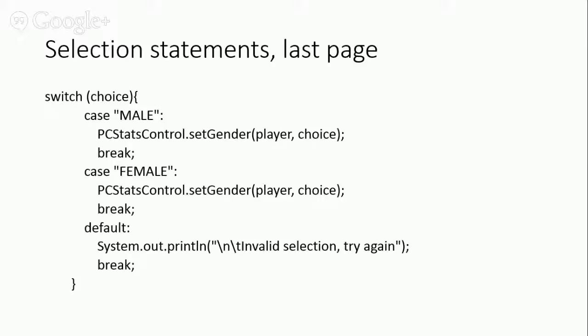The switch function will compare the choice to each of these cases, and if it matches either of these, then it will execute the code that's in that case and between the break. If it doesn't match any of those, then it'll go ahead and do what's in the default, which will just say that it's an invalid selection. So that's basically how selection statements work.